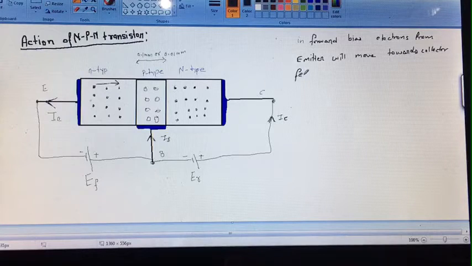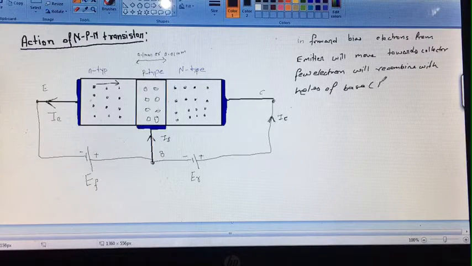Few electrons will recombine with holes of the base, that is, the P type.